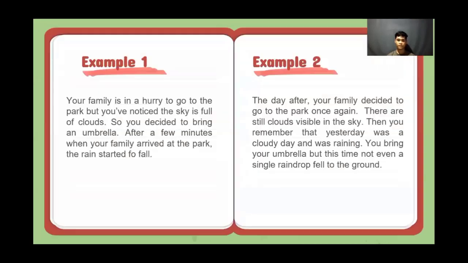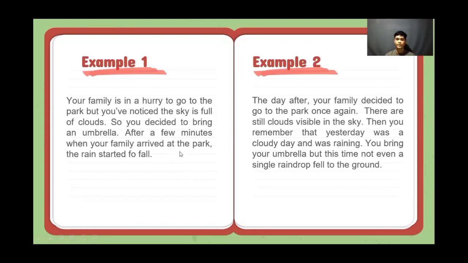So I'll give you an example for this. For example, your family is in a hurry to go to the park, but you've noticed the sky is full of clouds. So you decided to bring an umbrella. After a few minutes, when your family arrived at the park, the rain started to fall. Example 2.